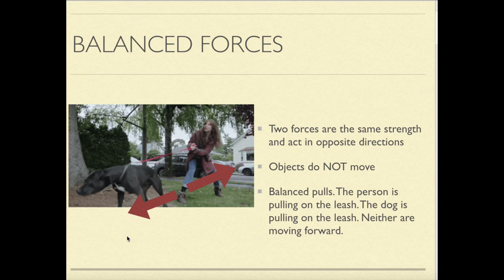They're both pulling in opposite directions as hard as they can, but they're equal in strength, and so they end up not moving at all. So the key basically is that unbalanced forces cause things to move. Balanced forces, things do not move.